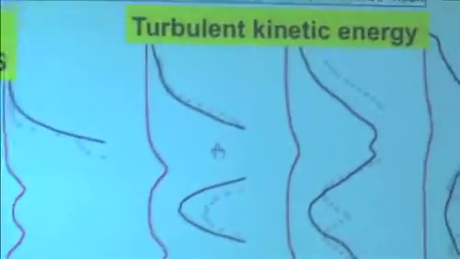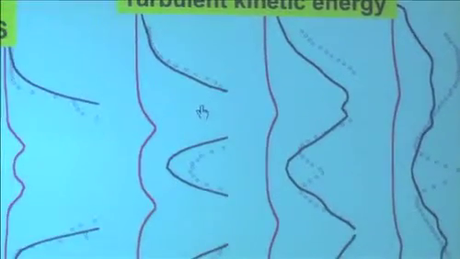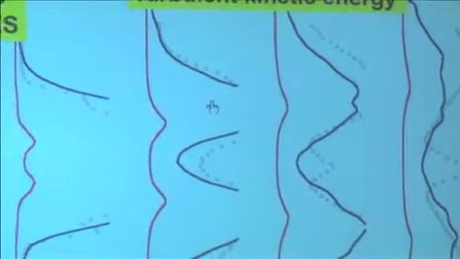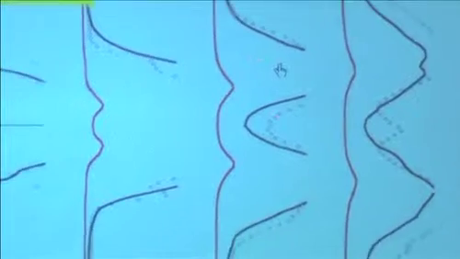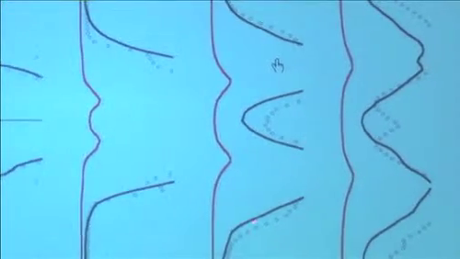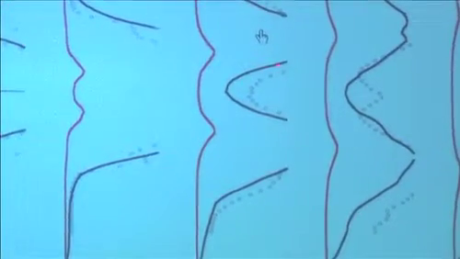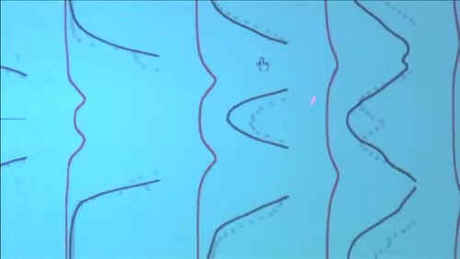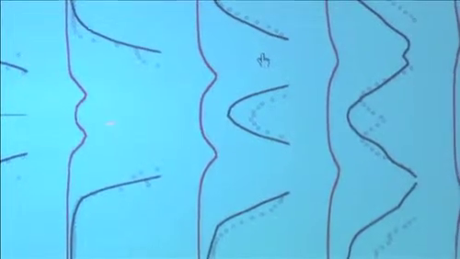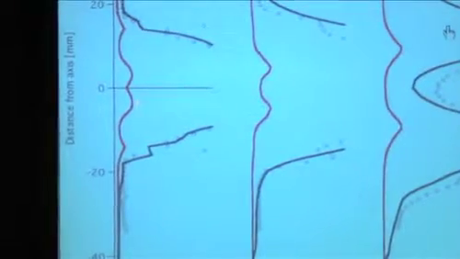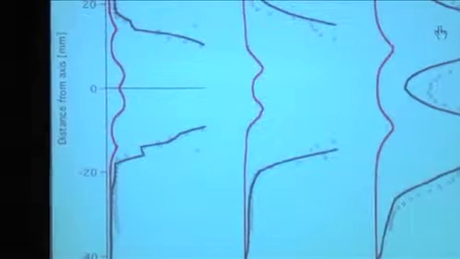Now, the most interesting thing here is the turbulent kinetic energy. The RANS code cannot give you U prime square, but it can give you K, the turbulent kinetic energy. And those are plots of the turbulent kinetic energy. This is the experiment. This is the LES, and this is RANS. Okay? So here, the error on K is huge. I mean, it's a factor of 20.